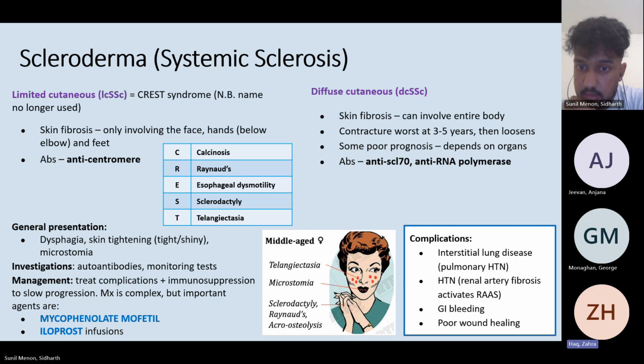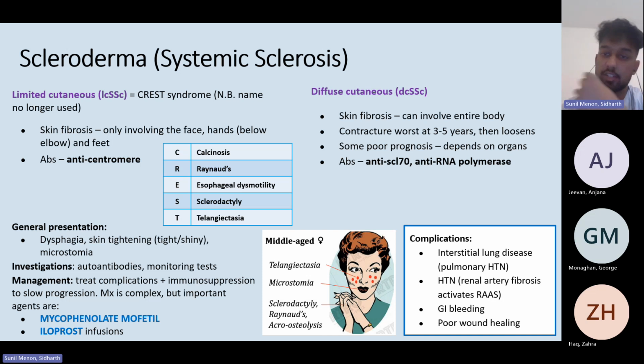I think we were on reactive arthritis or psoriatic arthritis. Yeah, I was going to mention something. Oh yeah, for diffuse cutaneous, it can affect any part of the body and the visceral organs, so it can become more severe. Lung, heart, renal involvement, as she mentioned, interstitial lung disease is very common. The most common cause of death is respiratory involvement.